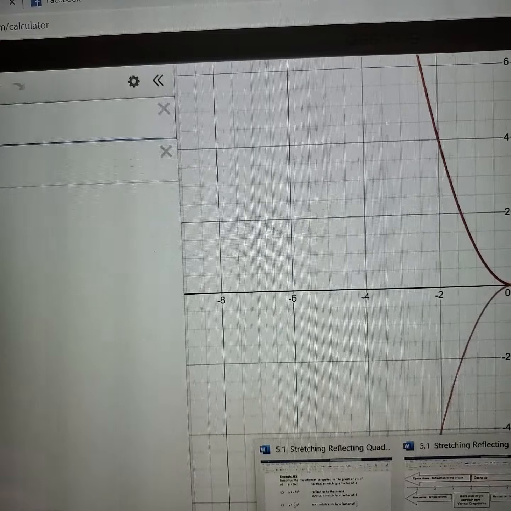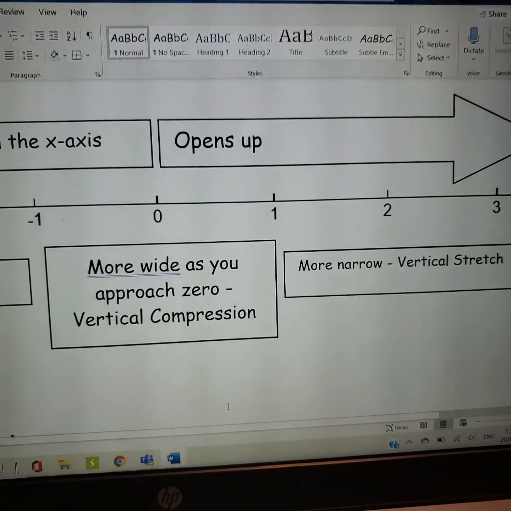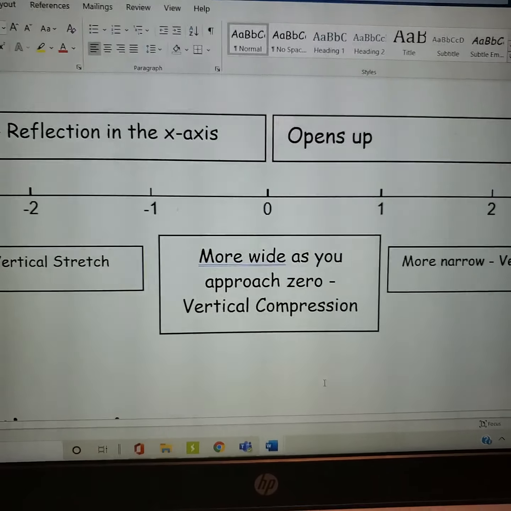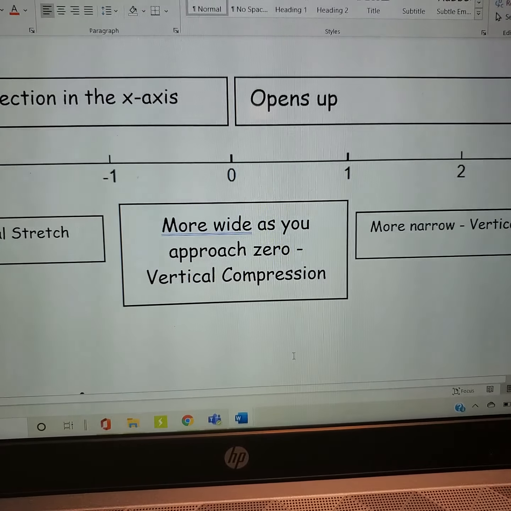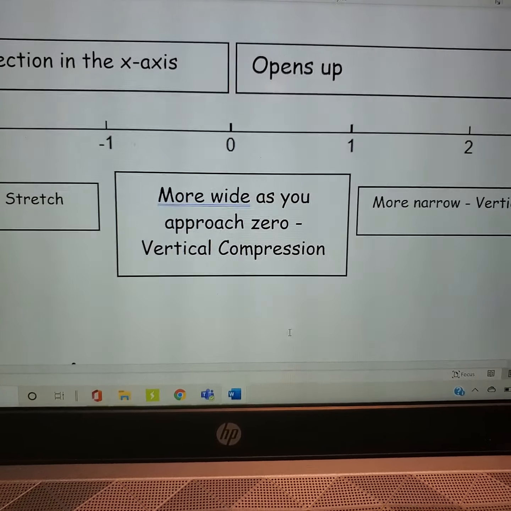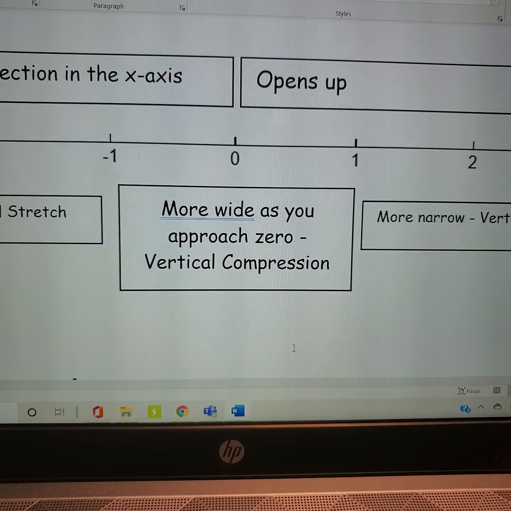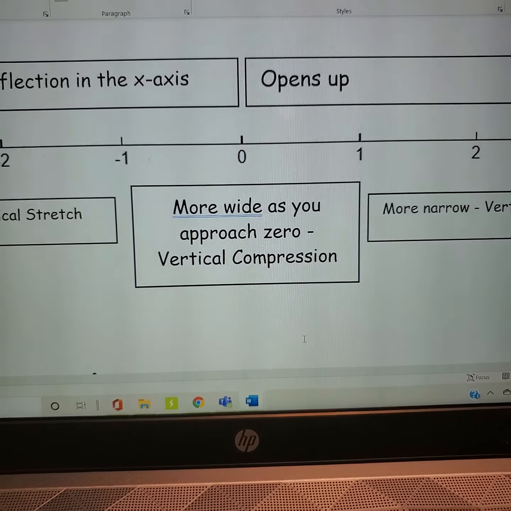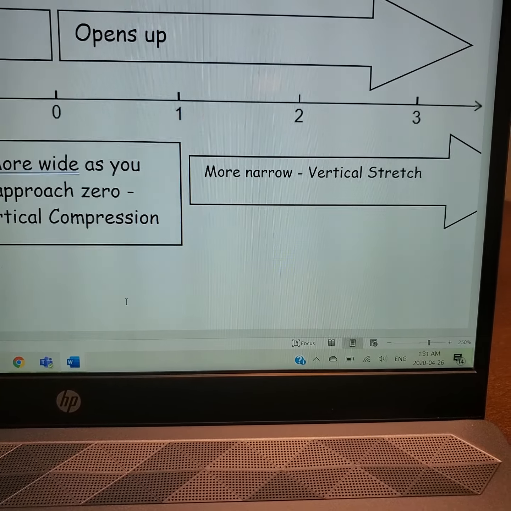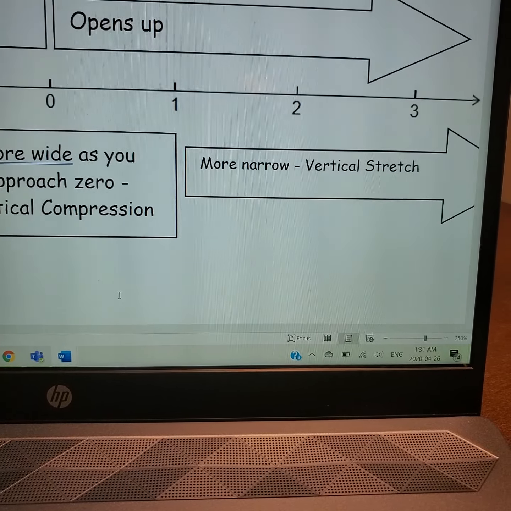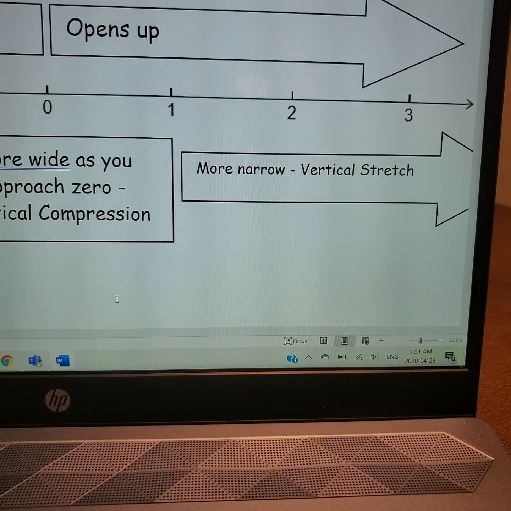Okay. Now we're going to focus on the shape of the parabola. We did some experiments there, and we noticed that when we played around with the A value, the parabola either got more wide or more narrow. And I find this graphic organizer really summarizes it nicely. So the further we move away from 0, the more narrow the parabola will get.